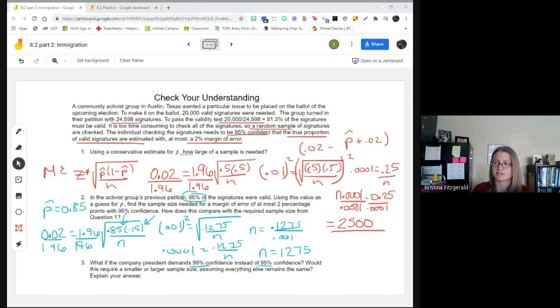So if I want to collect data, I'm going to need a larger sample size in this case, assuming everything else remains the same here from the previous study. I'm going to need to collect more signatures in order to be more confident in what I'm reporting. So a 99% interval would be wider, so there's a more possible range of numbers there, but technically to be more confident, we would need a larger sample size.